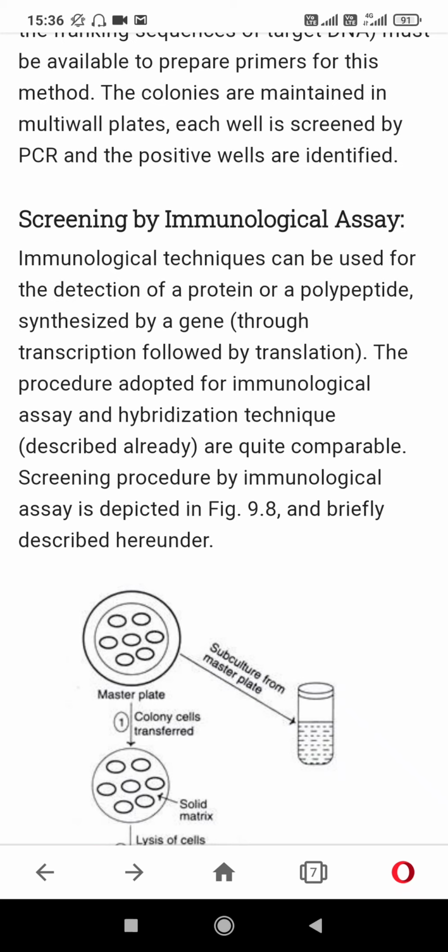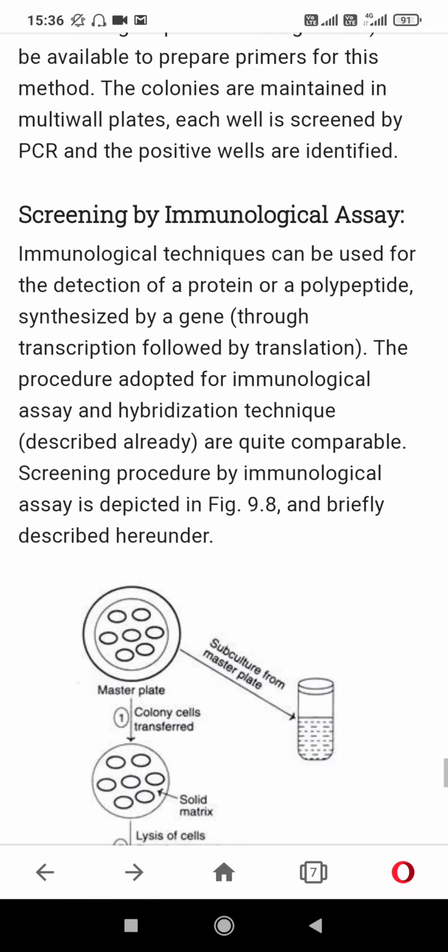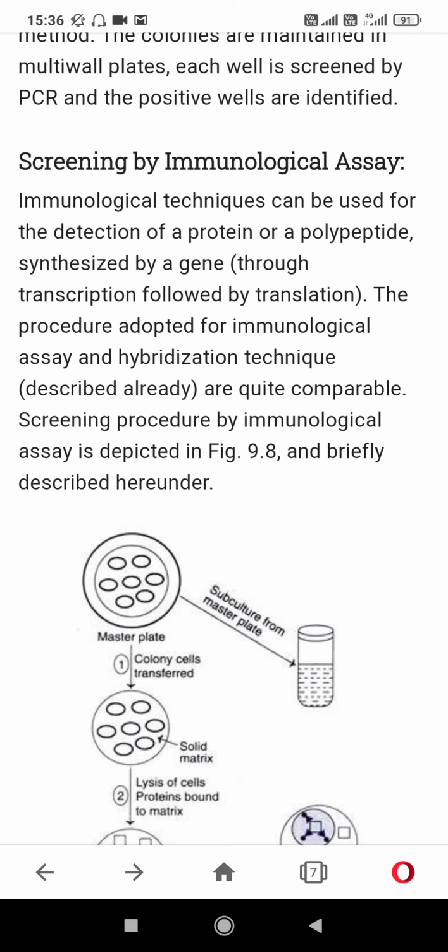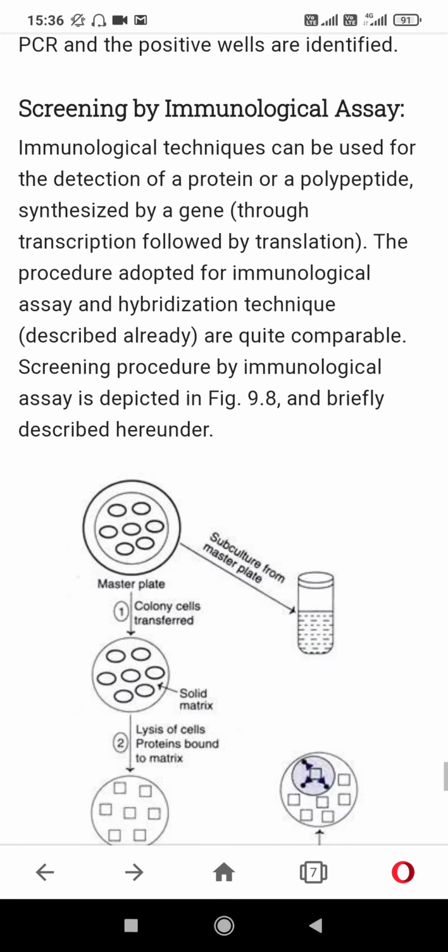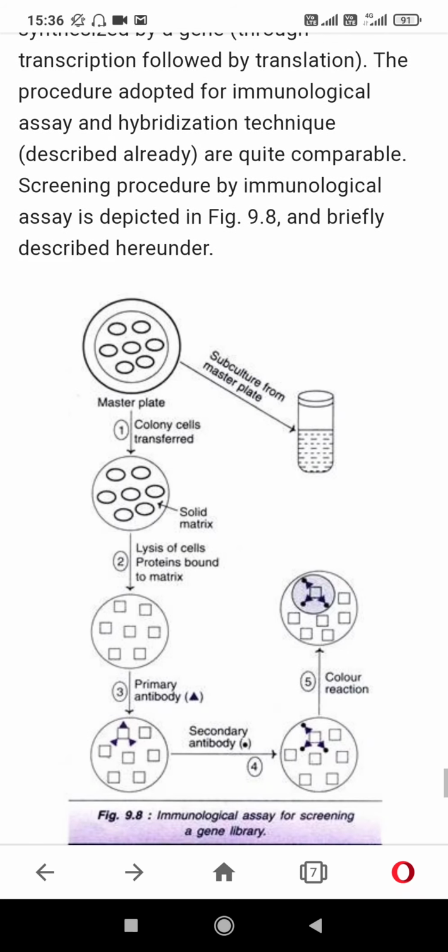So if your main purpose is to detect your protein, that particular polypeptide synthesized by the target gene through translation, we can go for immunological techniques. The procedures adopted for immunological assay and hybridization techniques are quite comparable. The screening procedure by immunological assay is given in figure 9.8 as you can see and briefly discussed below.